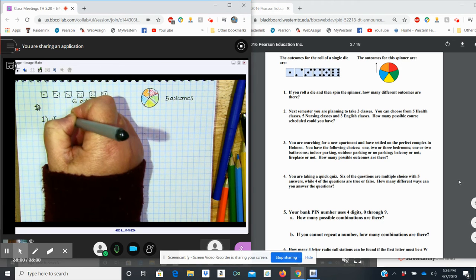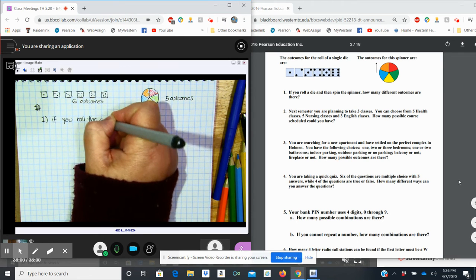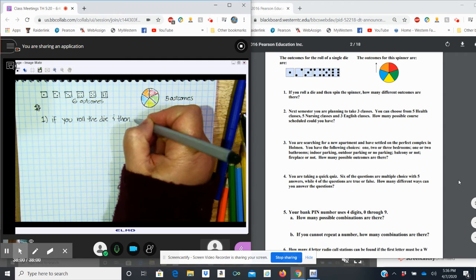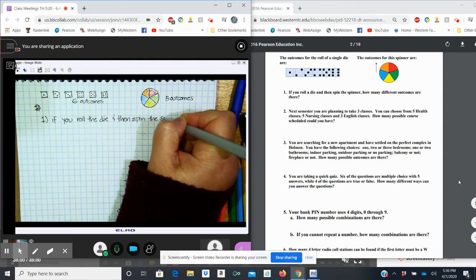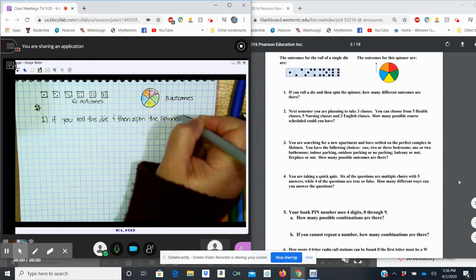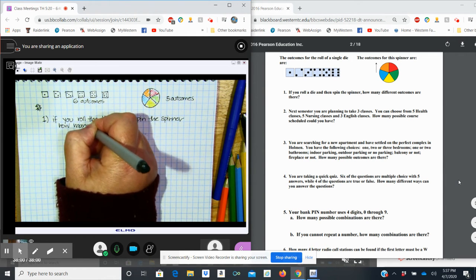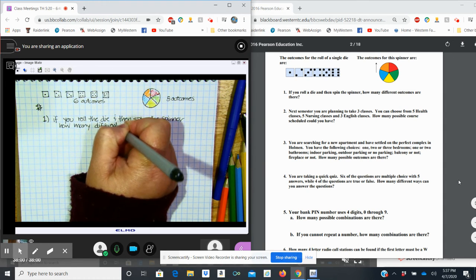If you roll the die, and then spin the spinner, how many different outcomes are possible?